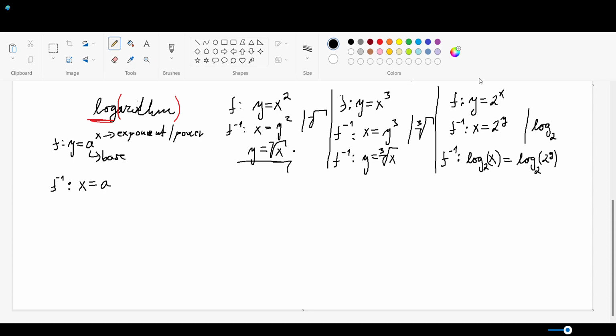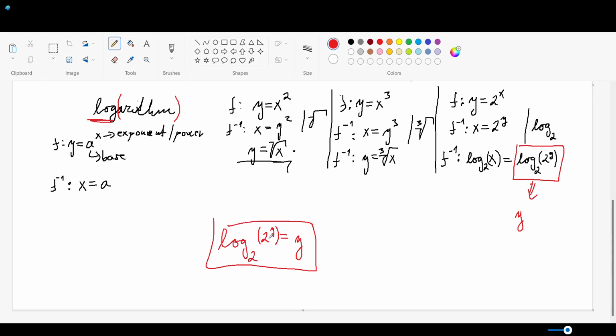And here comes the tricky thing you won't understand right now, but this expression can be replaced, and if you would ask any very clever tool, the evaluation of this function is equal to y. So basically log base 2 of 2 to the power of y is equal to y. This is what you have to just respect for now. Nothing else can be done here, just take it as a fact.